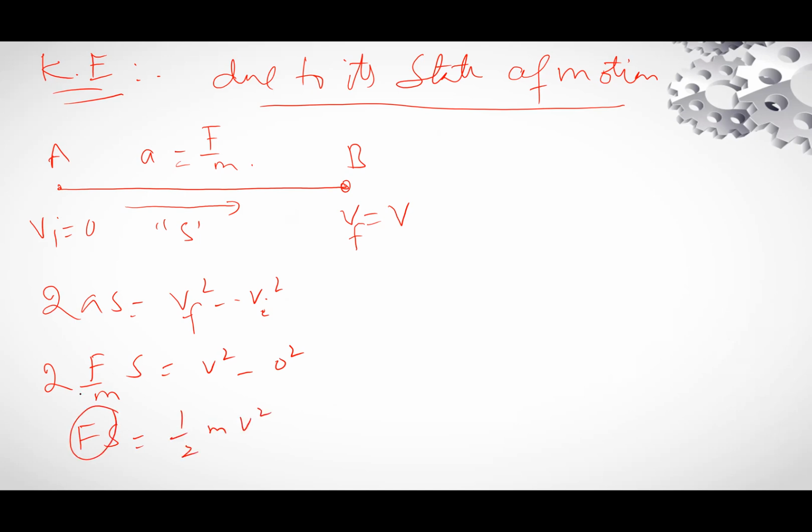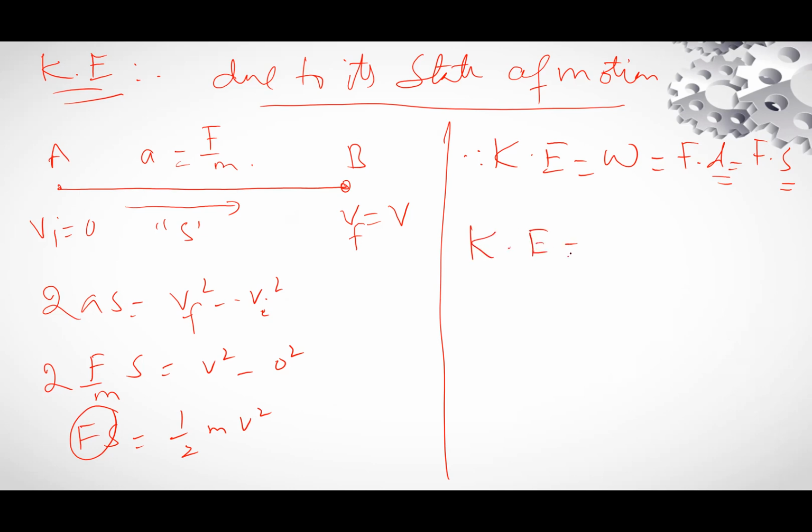This is work done, and this work is due to state of motion, so it is called kinetic energy. Kinetic energy is equal to work done, and work done is equal to F dot D, which is F dot S. S and D represent distance, same quantity. So kinetic energy is equal to half mv square.